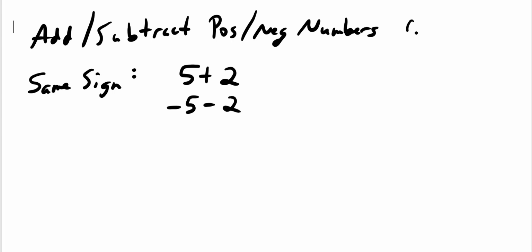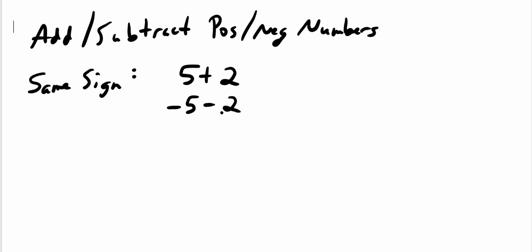Like 0 minus 2 is negative 2, or just negative 2, it's all the same thing. So just keep that in mind. If it's got the same sign, you notice that 5 is positive and the 2 is positive. The negative 5 is negative, and the 2 is negative. They're both negative or both positive.